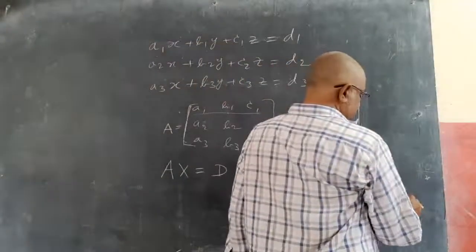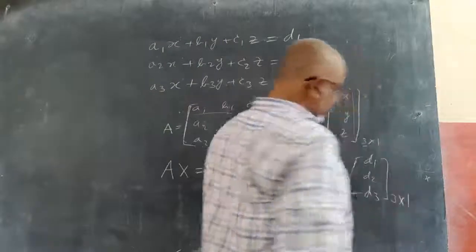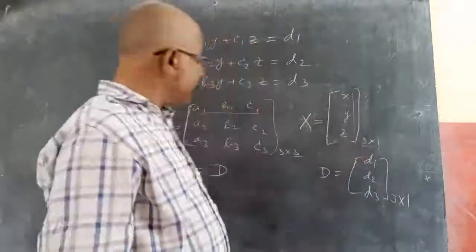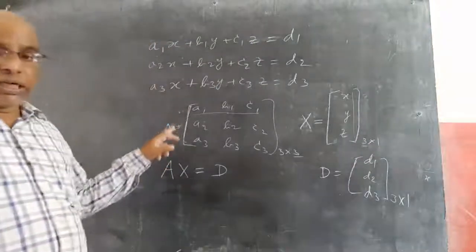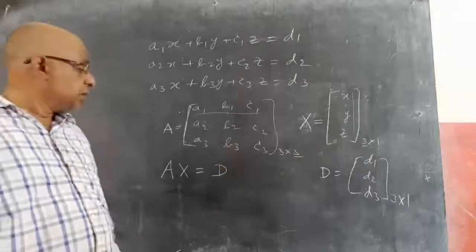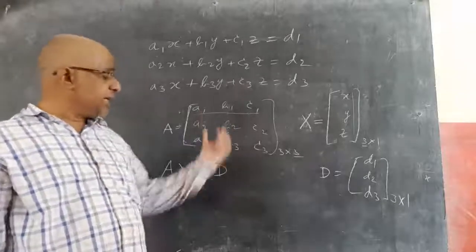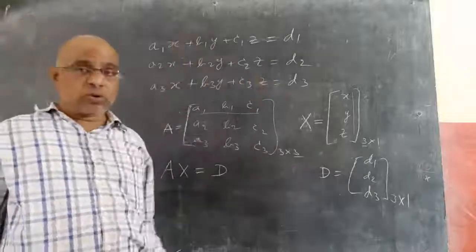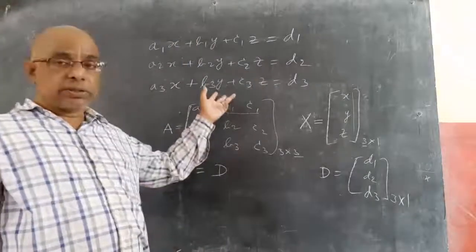So D is 3 by 1, X is a 3 by 1 matrix. D is formed with the constants, X is formed with the variables x, y, z, and A is formed with all the coefficients of x, y, z, that is a 3 by 3 matrix. So AX equal to D gives me the original equations. If I solve this, I will get the solutions.